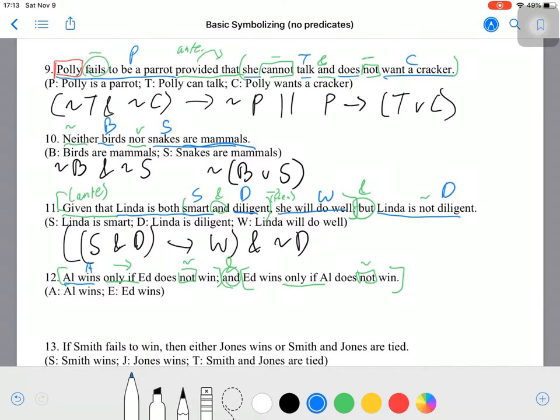So Al wins, A. Ed does win would be E. Ed wins, E. Al does not win, A. So let's do the first set of parentheses first. Al wins only if it's not the case that Ed wins. And Ed wins only if it is not the case that Al wins. This is also actually telling us that they both can't win at the same time.